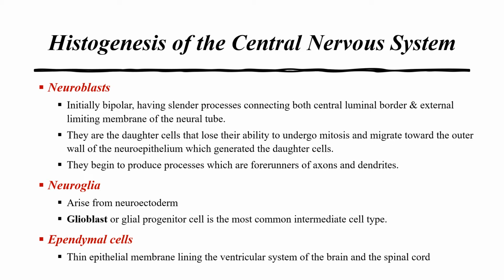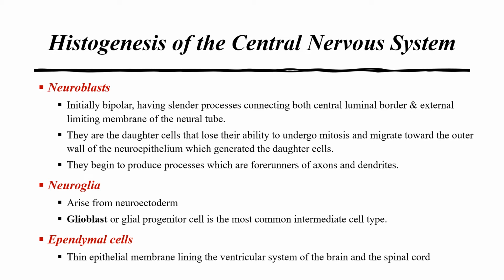Okay? And then next we have the neuroglia, which actually arise from the neuroectoderm. And the glioblast or the glial progenitor cell is the most common intermediate type of cell. So when you say the glioblast, ito yung parang stem cells nila. Okay, yung mga earlier types of, kumbaga parang parent cell nila. Okay, 'di ba?